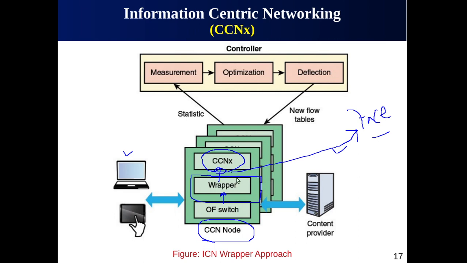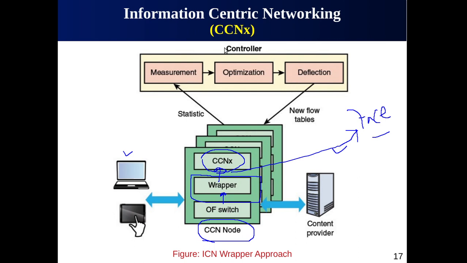That is why we need this abstraction layer to hide the details of the mapping, and for mapping we have the face interface and things like that. Also we have the forwarding table in these OF switches, but they need to be updated. They need to be set to forward the packet based on the content, not on the IP addresses, but we will not go into further details. So this is the whole architecture.